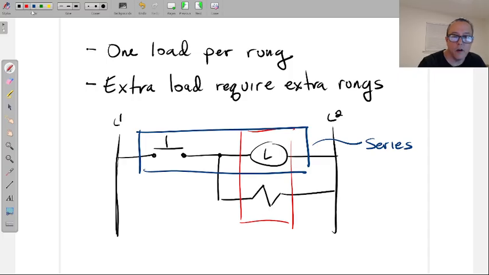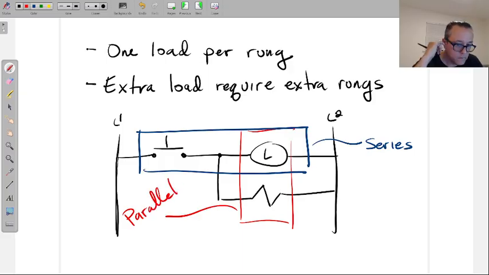If two things are one over the other, they are now in parallel with each other. So in this particular case, with this type of line diagram, yes, it is okay to say that the two loads are in parallel with each other.